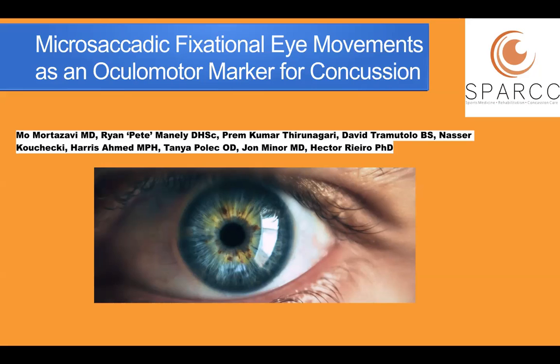And we used a logistic regression to do some of our basic stats for this pilot study, and this is what we saw. So there were a few variables of interest, but in particular, as you can see by the red box there, the microsaccade magnitude in the concussed group versus the baseline group was significantly different, with a p-value of less than 0.001.